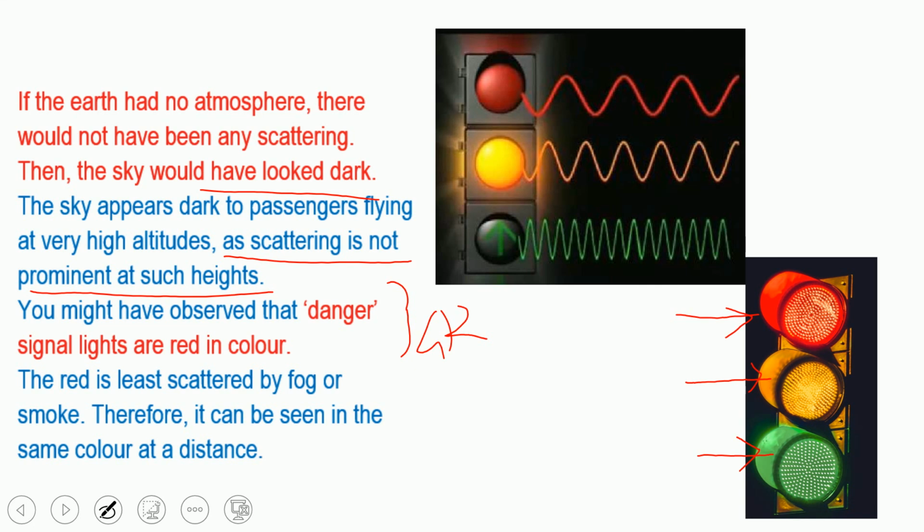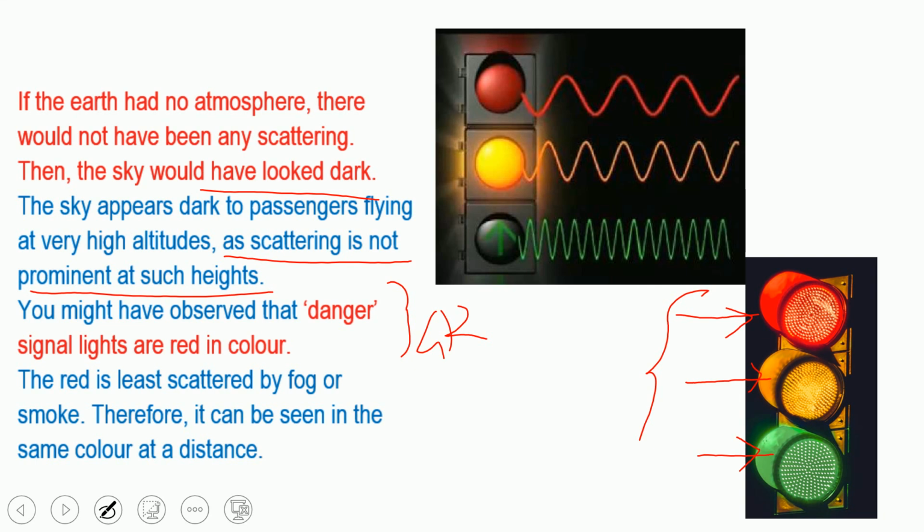While talking about these colors, you know they are of longer wavelength. If they have longer wavelength, then obviously the scattering will be minimum, because longer wavelengths do not scatter much. So from a long distance we can see these colors clearly.